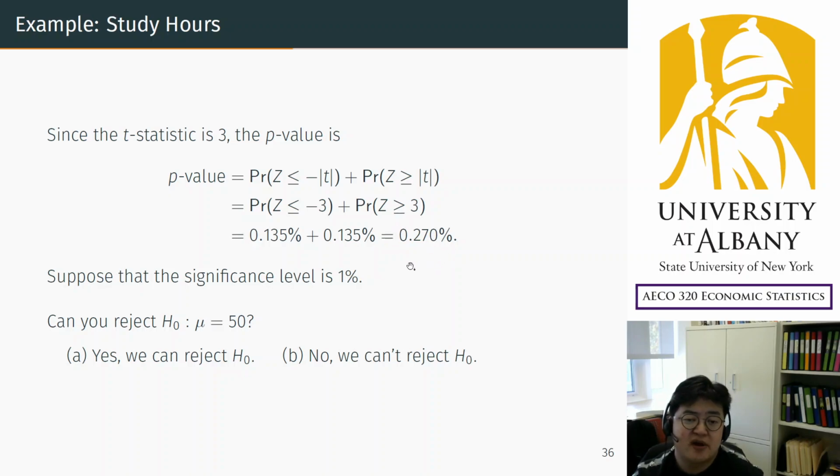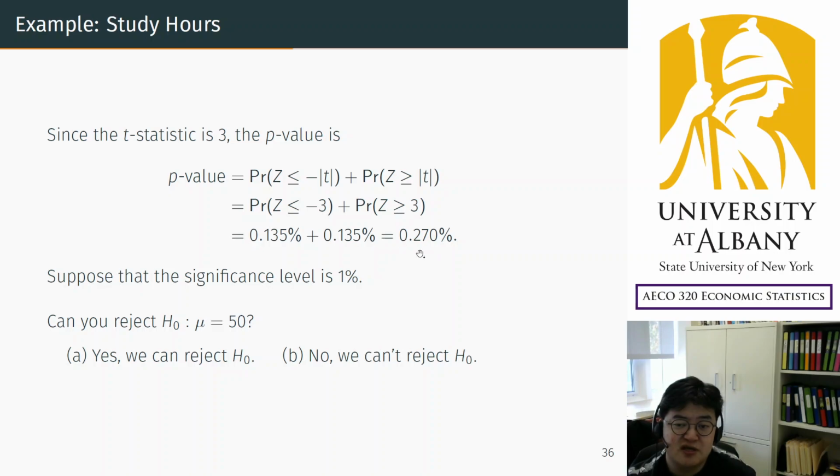Now you need to compare this p-value with the significance level. Suppose you choose a significance level of 1%. Then, do you reject your belief or not? Make the decision. When you choose the significance level to be 1%, that means you are going to reject the top 1% suspicious outcomes.